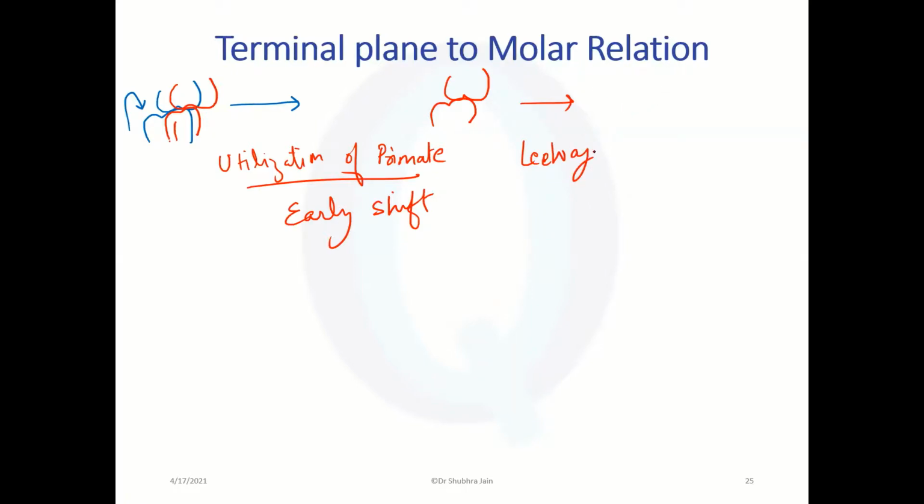What we saw is that leeway space is more in the mandible, right? So the molar comes forward. The maxilla is going to remain the same and the molar is going to come forward. So this has become an end-on relationship. Do you understand this end-on relationship? Everybody understands this end-on relationship.